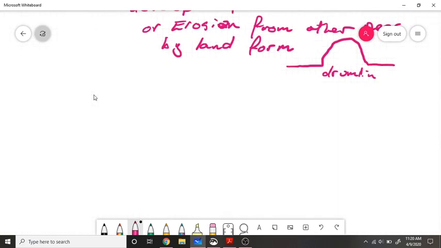Another feature left behind by glaciers are called eskers. Eskers, E-S-K-E-R. An esker is a long and winding ridge.